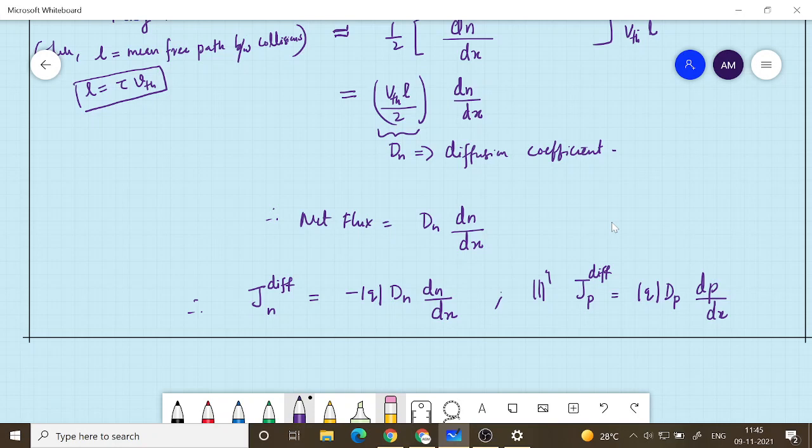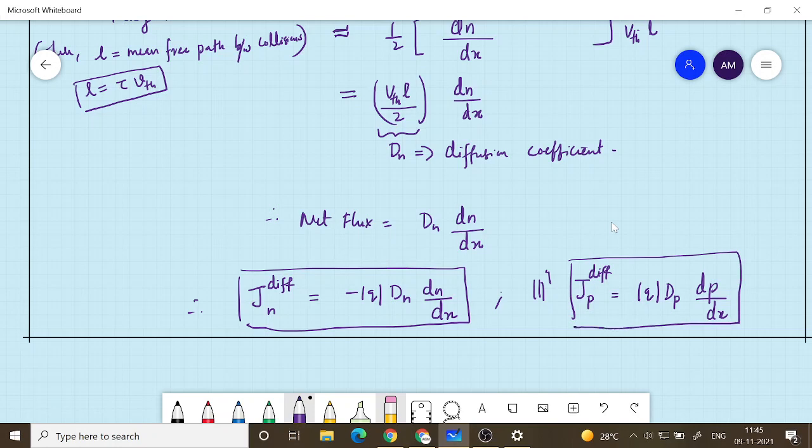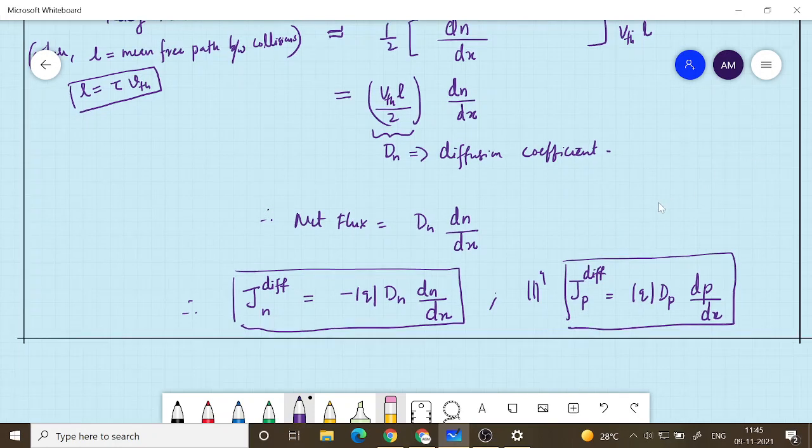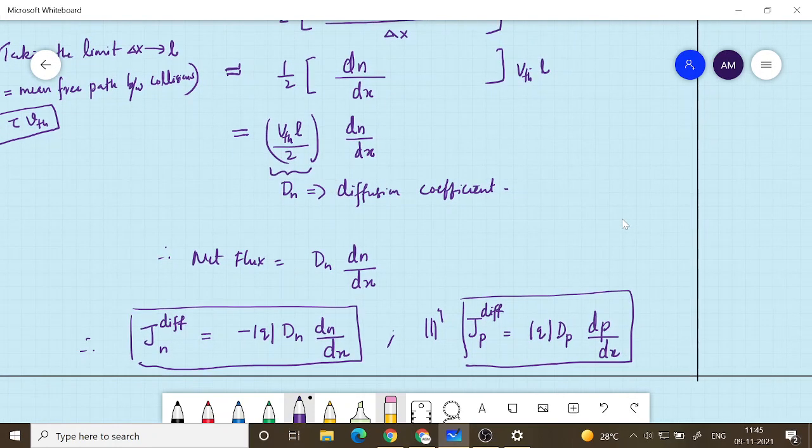Because the charge of hole is plus modulus q, charge of electron is minus modulus q. Just for clarity, modulus means it is a positive thing.